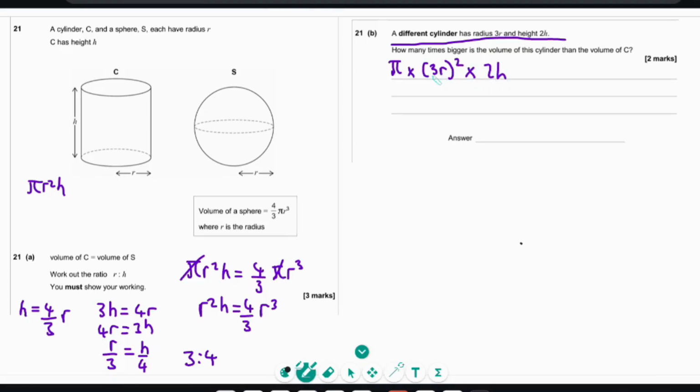Just be careful here. 3r squared is 9r squared, because 3r times 3r is 9r squared. Just going to simplify that a bit. 9 times 3 is 18. 18 pi r squared h. So we compare that to our original cylinder. You can see it's just 18 times as big.